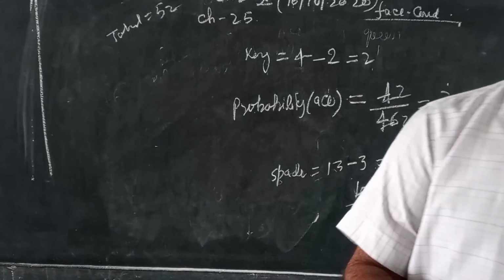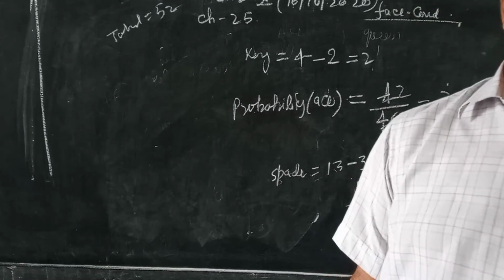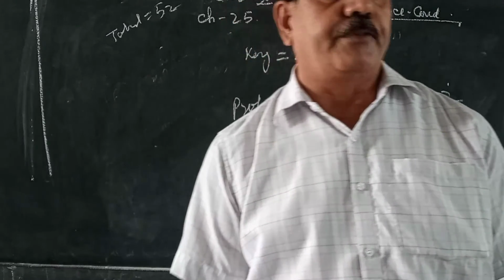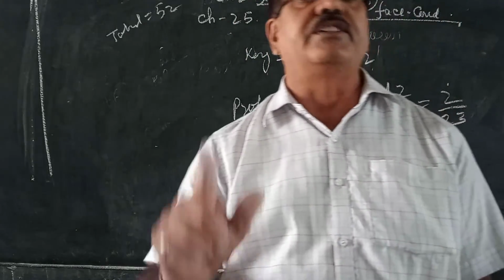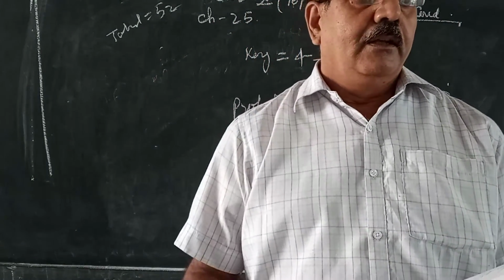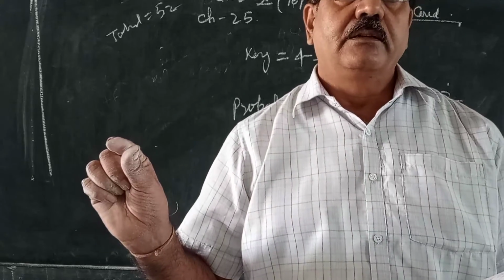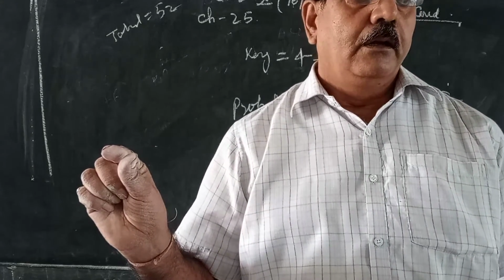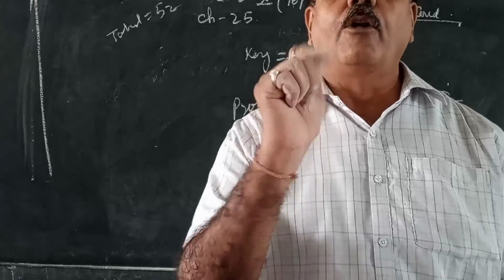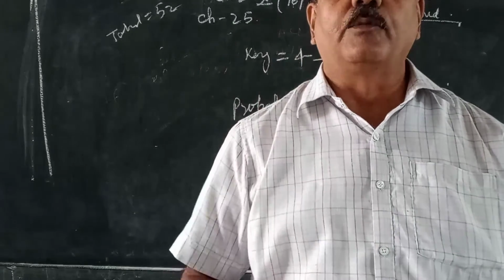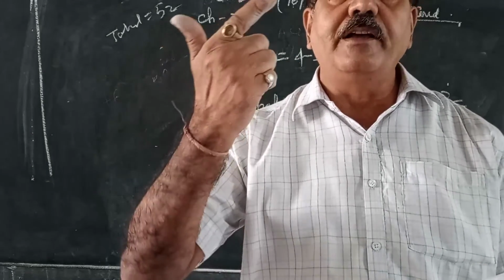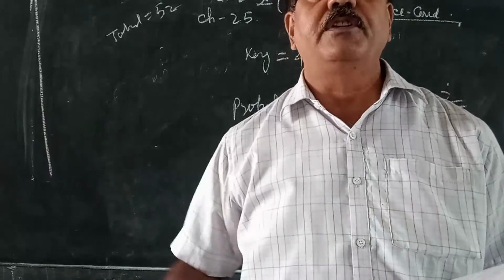One more question. A card is drawn from a well shuffled pack of 52 cards. Find the probability that the card drawn is a spade. There are 52 cards in a pack of playing cards. How many spade cards are there? 13. So the probability is 13 by the total number of cards, 52.